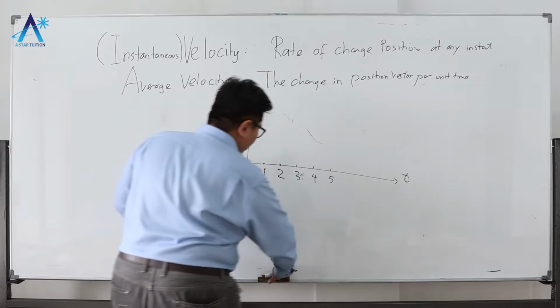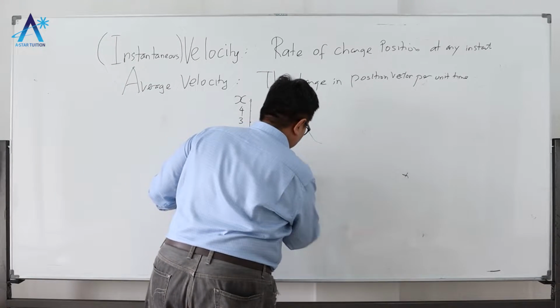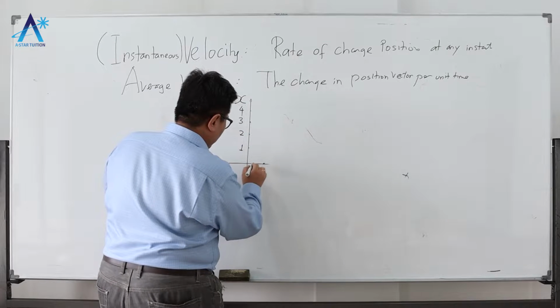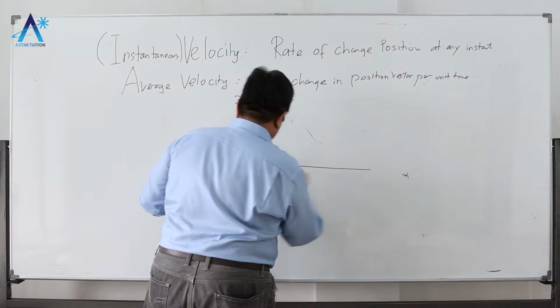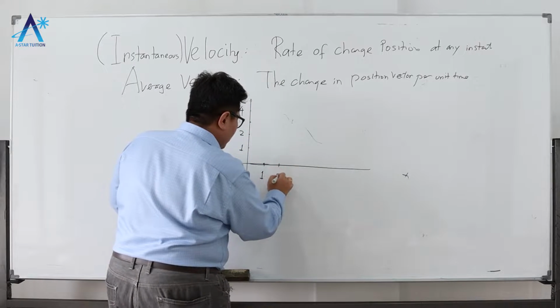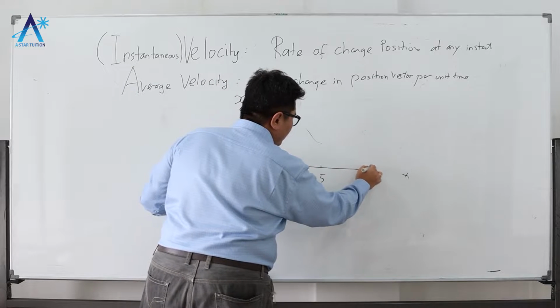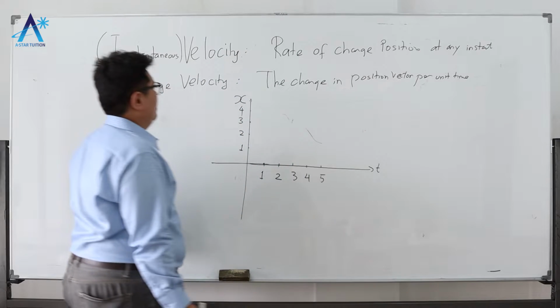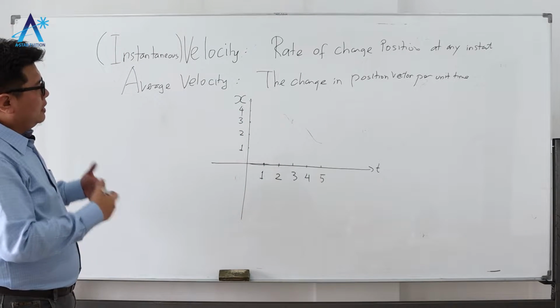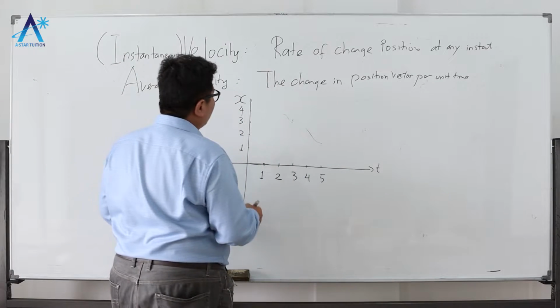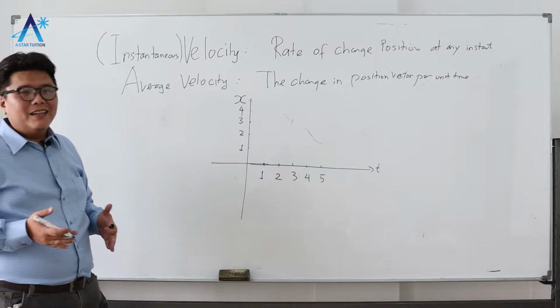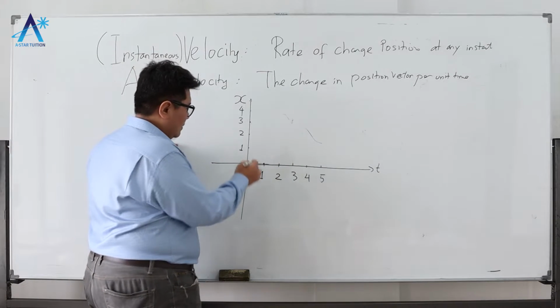Okay, let me draw a bit more straight. This is 1, 2, 3, 4, 5. And this is the time axis.